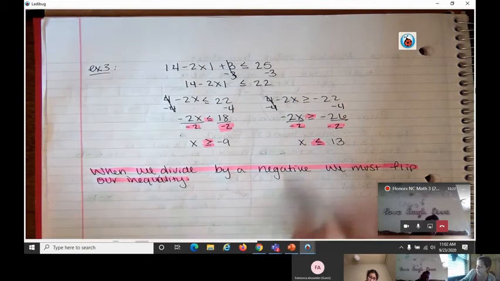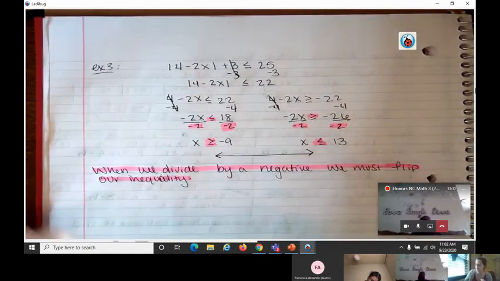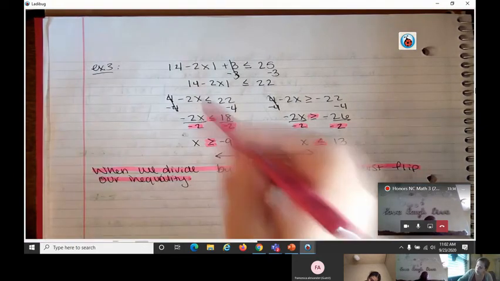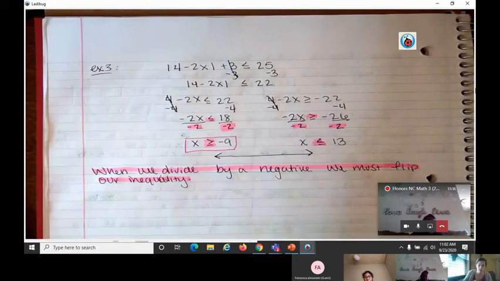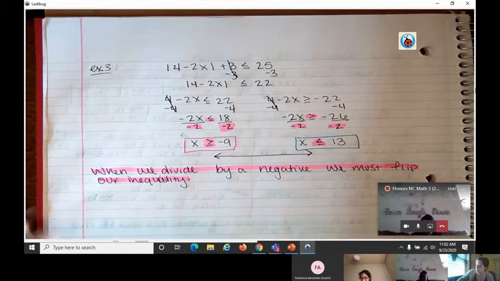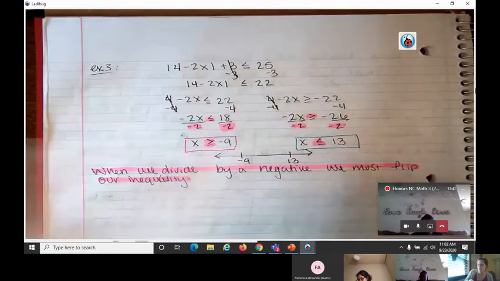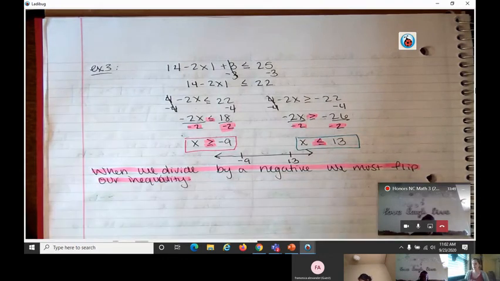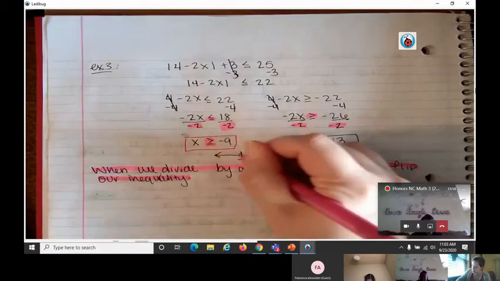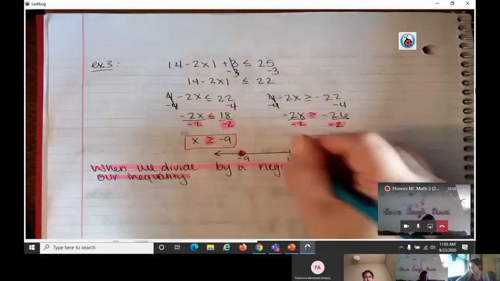So this time I'm just going to write my number line. So we have this one. We have this guy. Negative 9 is smaller. So I'm going to put negative 9 and then positive 13 up there. They both have equals in their inequality, so I'm going to put a solid dot and a solid dot.